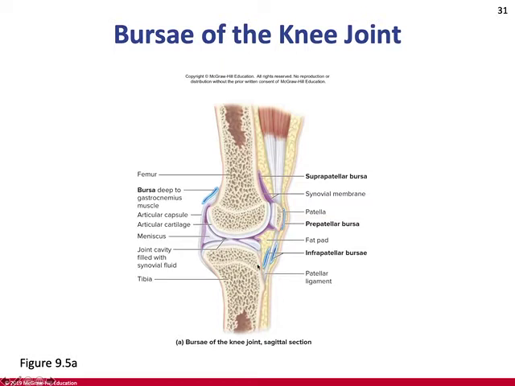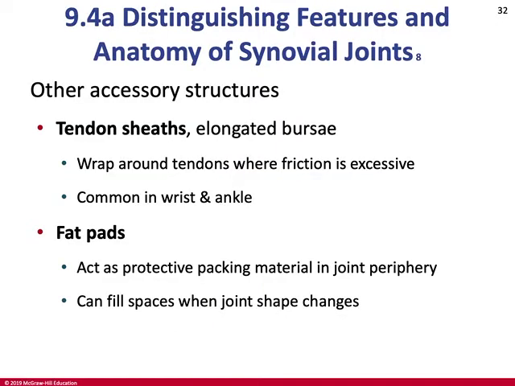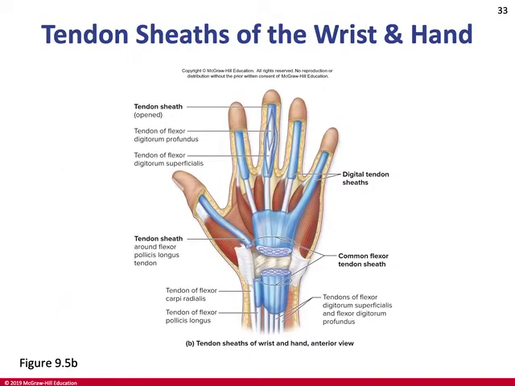So they act a little bit like ball bearings do in roller skate wheels. Tendon sheaths are sacs filled with synovial fluid that wrap around tendons and lubricate them to reduce friction. We find these, for instance, in the wrist and the ankle. And then there are fat pads that act as cushioning and fill spaces where the joint shape could potentially change. Okay? Some examples of tendon sheaths are shown here.